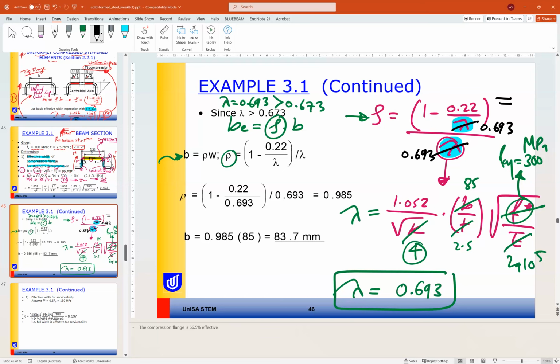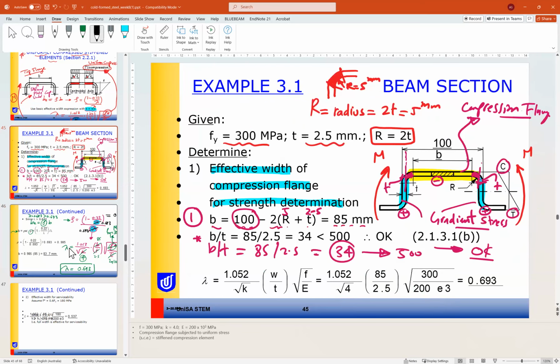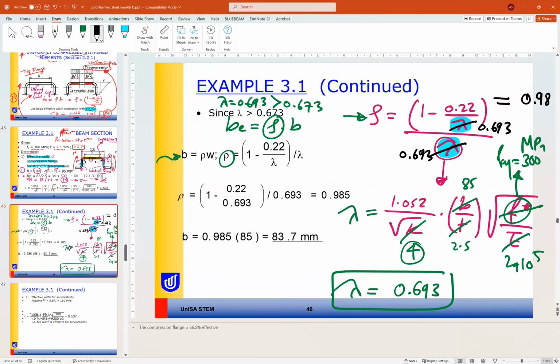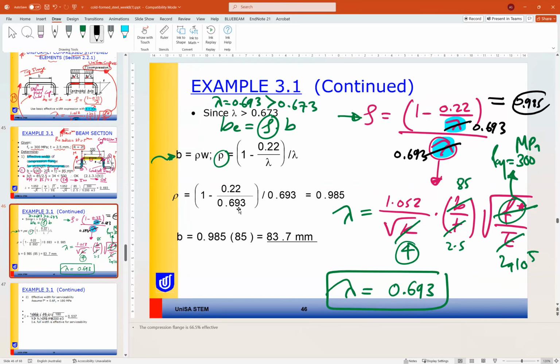So that gives us rho equal to 0.985. This is our rho. So B effective equals 0.985 times 85, which gives us 83.7 millimeter.